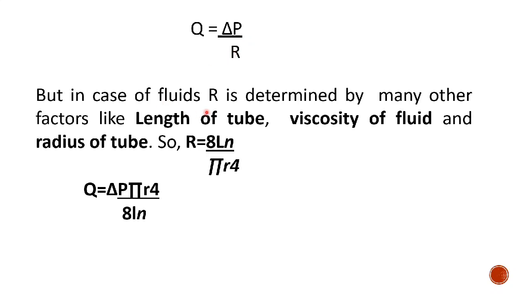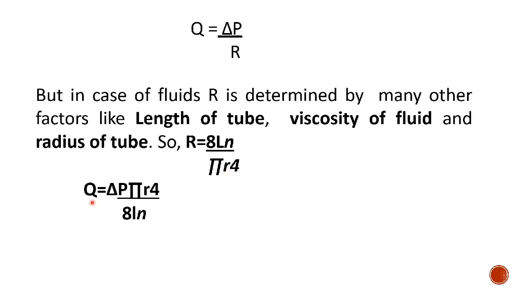In case of fluids, R, that is resistance, is determined by other factors like length of the tube, viscosity of the fluid and radius of the tube. Taking these factors into consideration, the formula can be rewritten as R is equal to 8 times length and viscosity divided by pi multiplied by r to the power of 4.